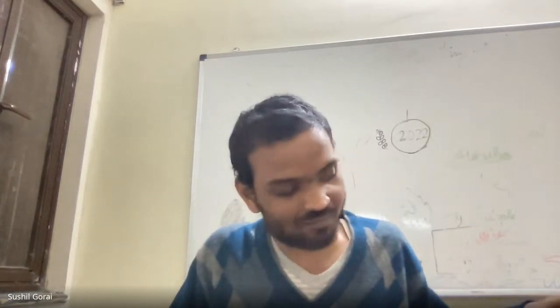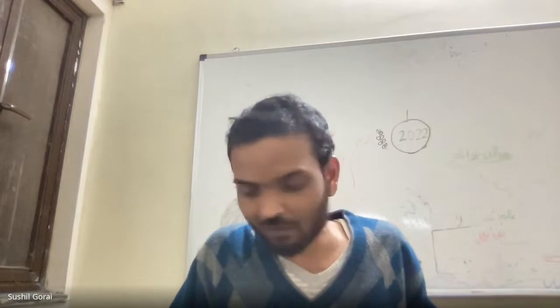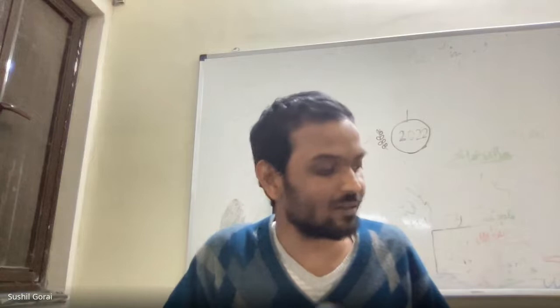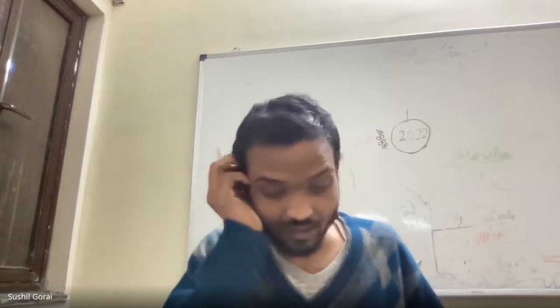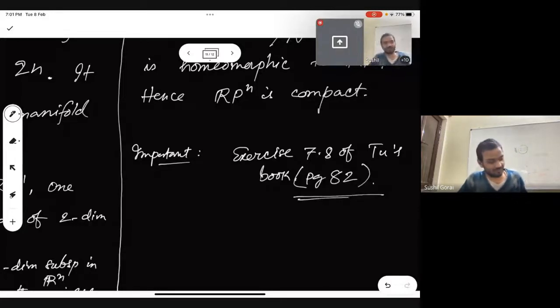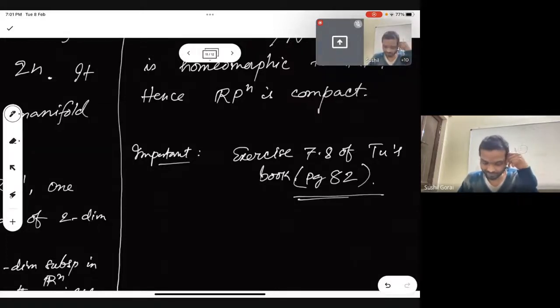I would like the whole class to collaborate on this and present. There are several things to present in problem 7.8, on page 82. And on Friday morning, I'd like some of you to present. Okay, so any question?